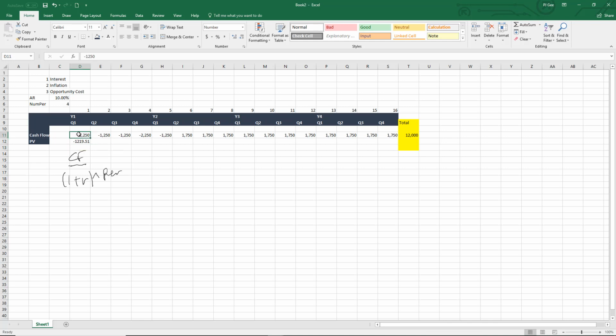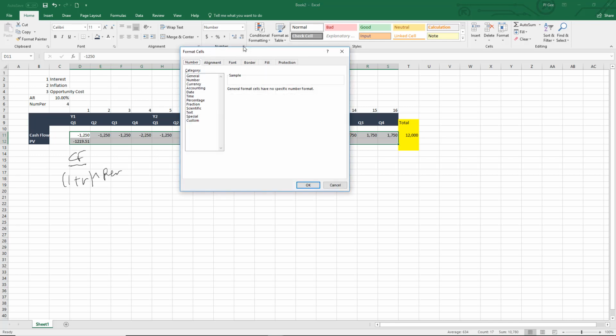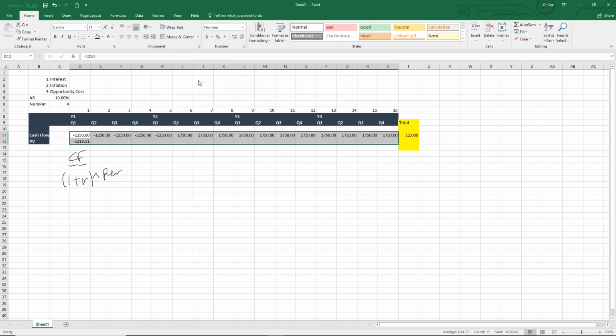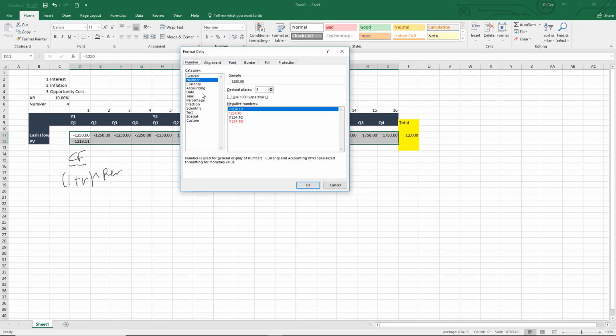Because we're getting decimal places here, let's just try, I think this is what they did. We're going to format these numbers as a number. In fact, we're going to do it as a currency. I don't want any decimal places there.